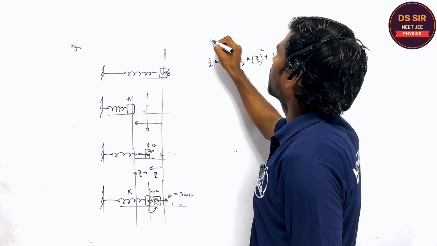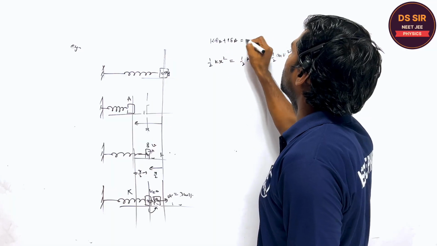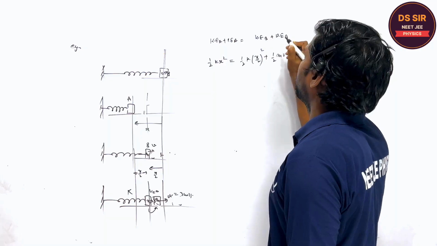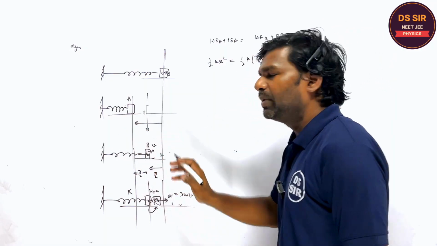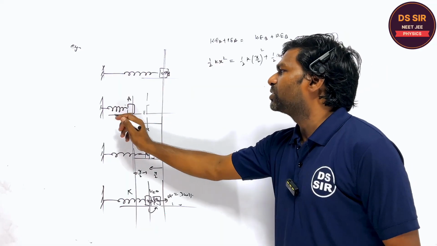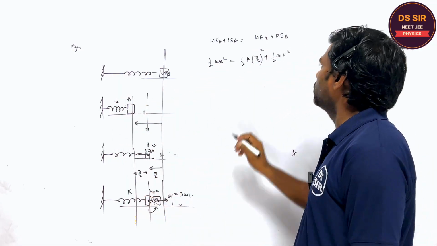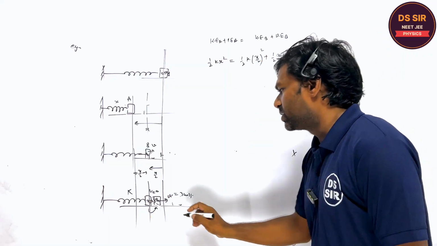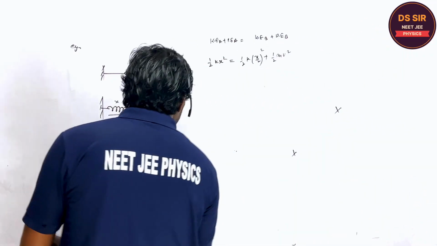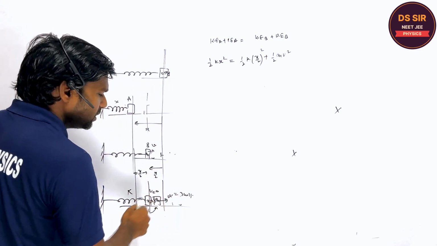This is the kinetic energy plus potential energy at point A, and kinetic energy plus potential energy at point B. Before collision, I am talking. So all the potential energy of the spring is converted into half k (x by 2) square plus half mv square. Listen one thing. If it comes to rest, I am assuming the collision is elastic, so the mass will be the same and the velocity is interchanged.